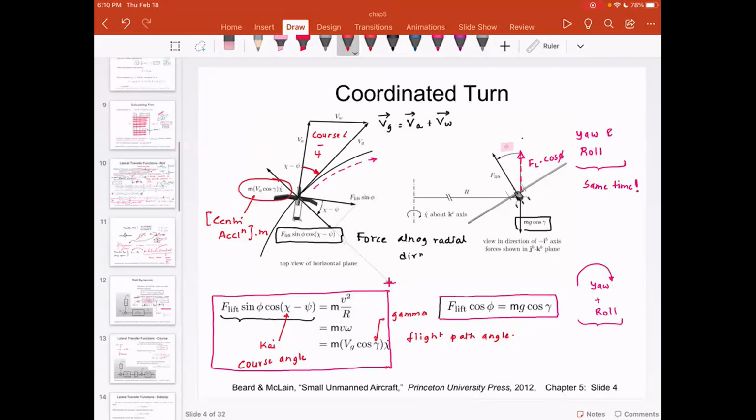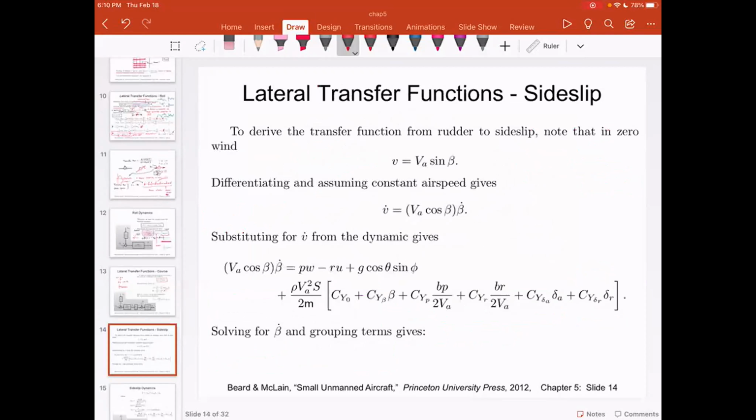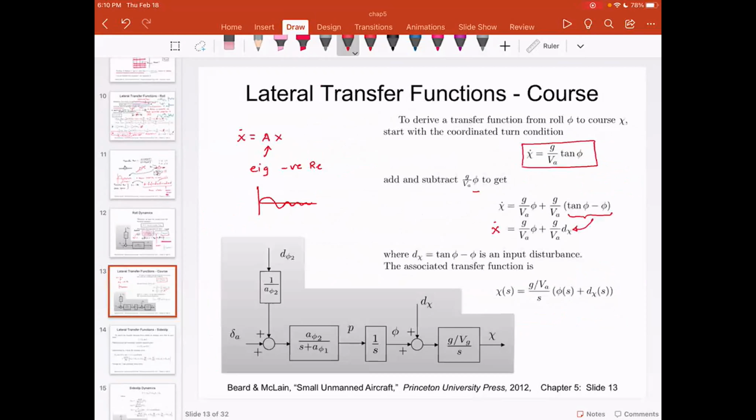Now what's going to happen here is this simple manipulation allows me to substitute tan phi minus phi as d chi. So now I have a differential equation. Please note, this is the first order differential equation where I have chi dot on the left hand side and d chi on the other side.